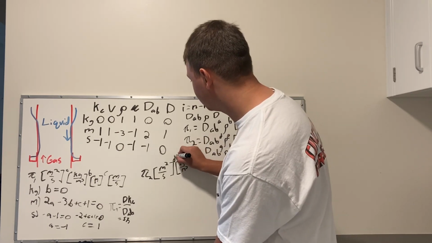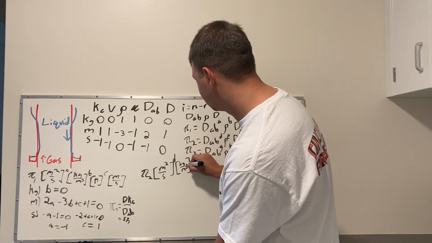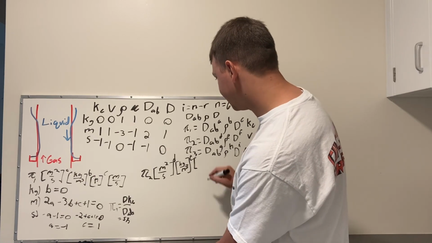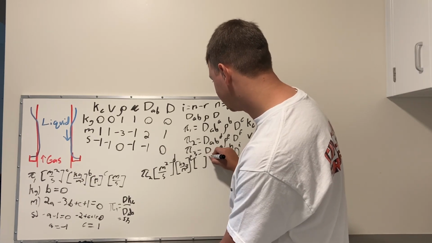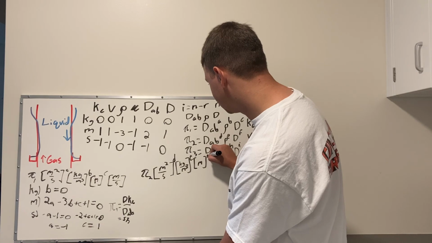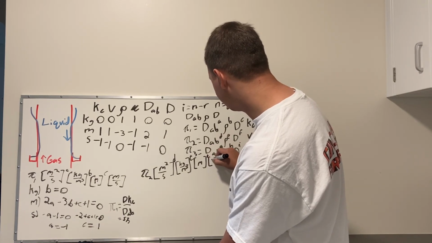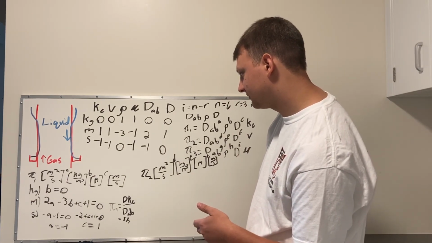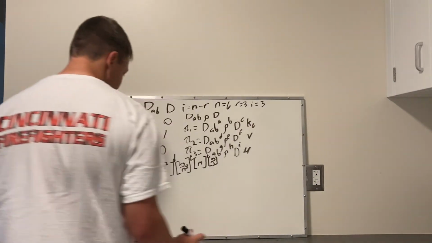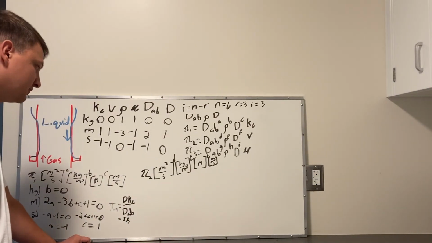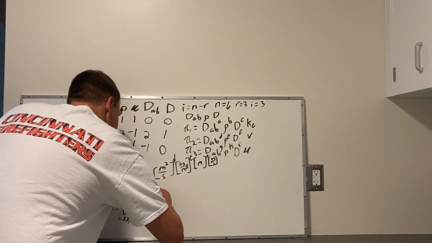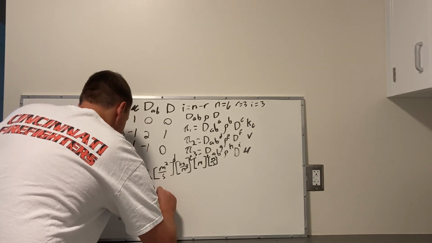Almost forgot to put in there the exponents. Meters. And our velocity, which is meters per second. We're going to do the same thing for this as the last. So we have kilograms, meters, second.